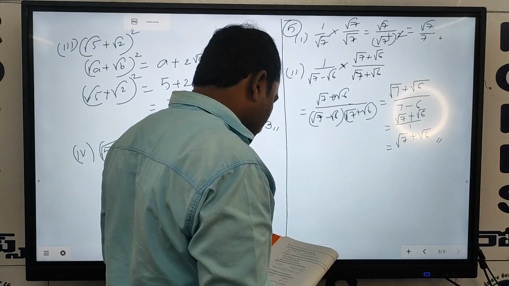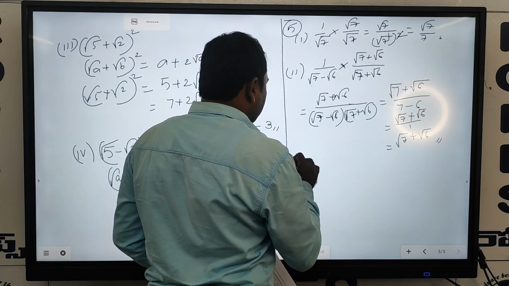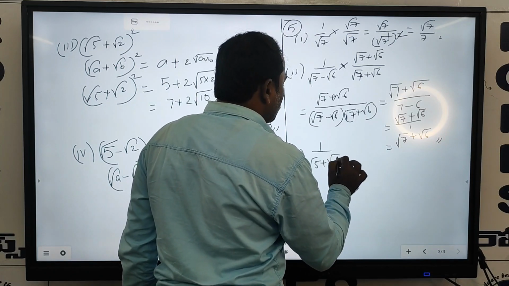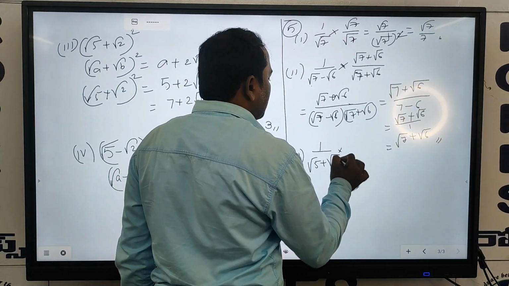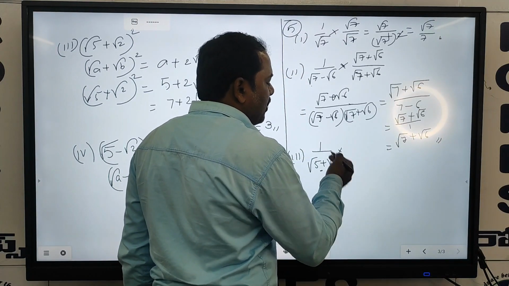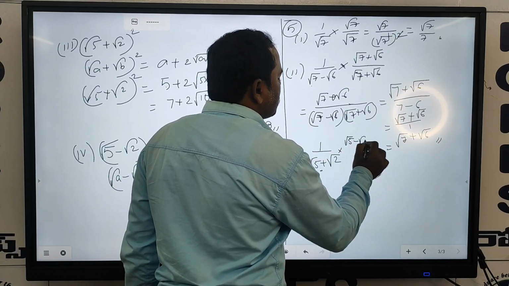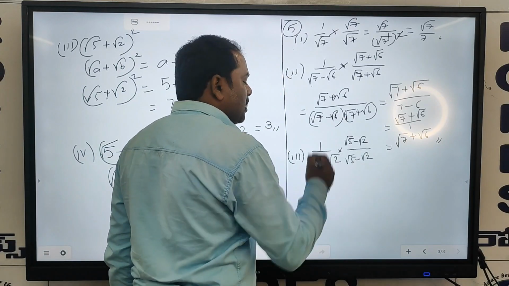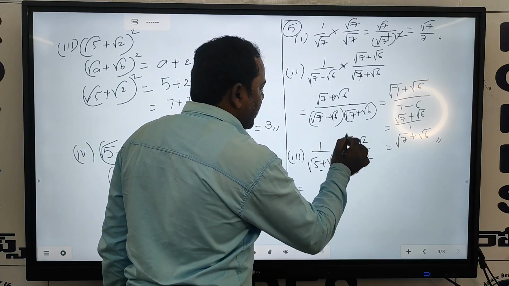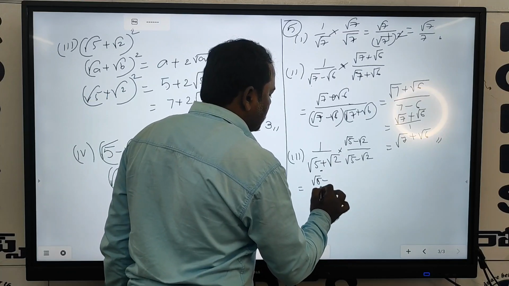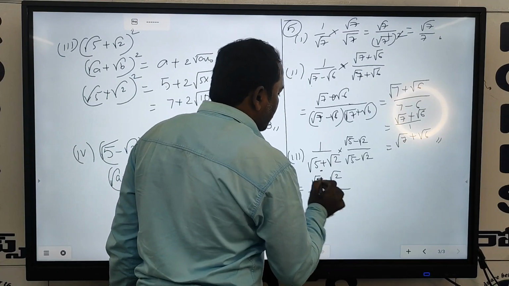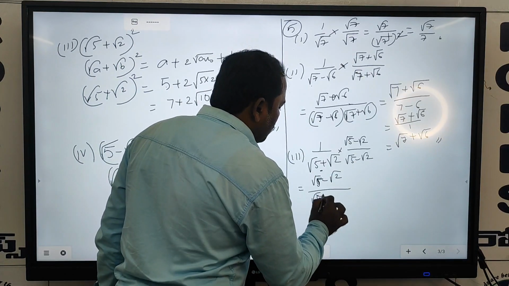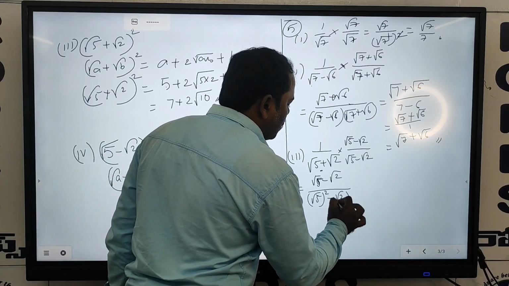Okay, right. Next, another one, the third one: 1 by (√5 + √2). After rationalization, here plus is there, so we have to multiply with minus. Then (√5 - √2) by (√5 - √2). After multiplication, we get (√5 - √2) × 1 by, it is also in the form (√a + √b)(√a - √b). √5 square minus √2 square.